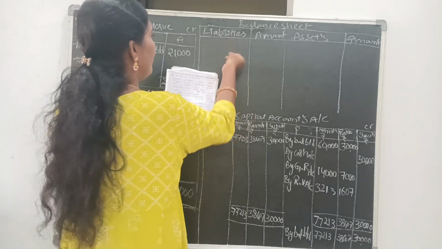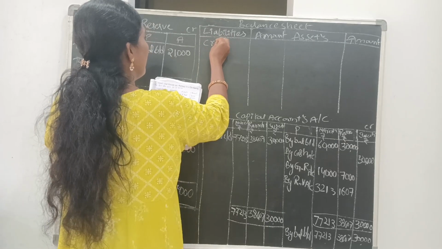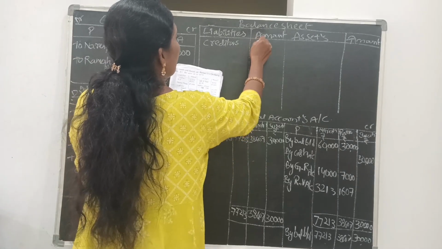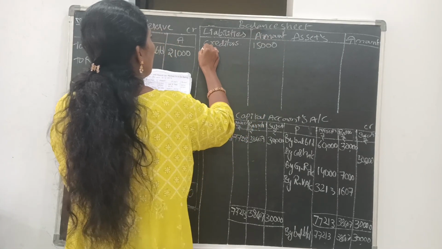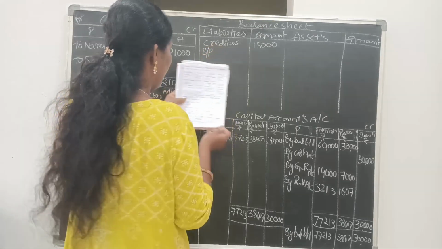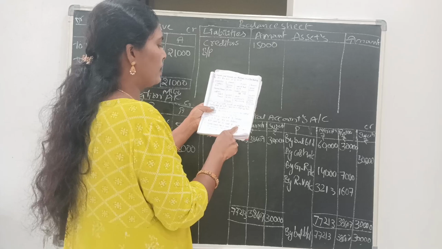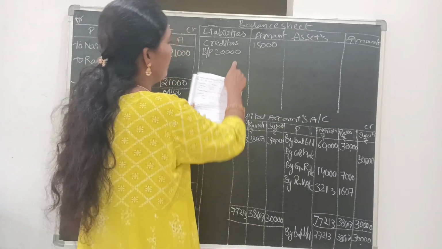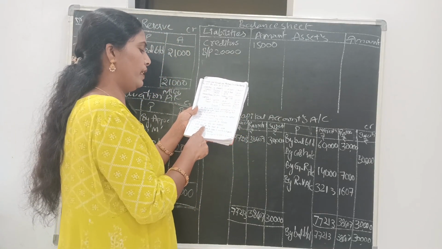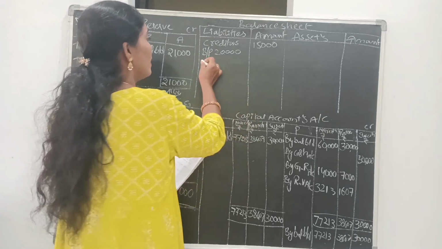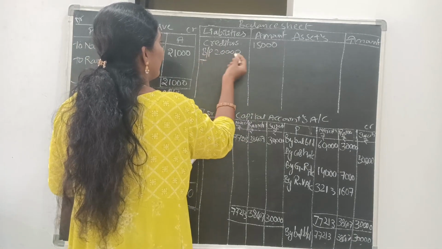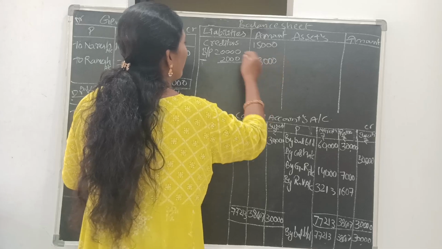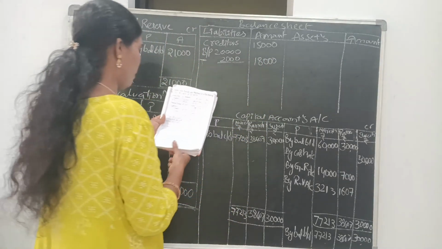Now, coming to the liability side, we'll post liabilities. Creditors, 15,000. Coming to bills payable, there is an adjustment. Bills payable is 20,000, and 2,000 need not be paid, which means we should deduct it. So only 18,000 needs to be paid out of 20,000.